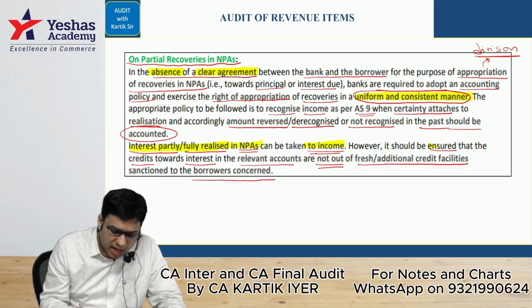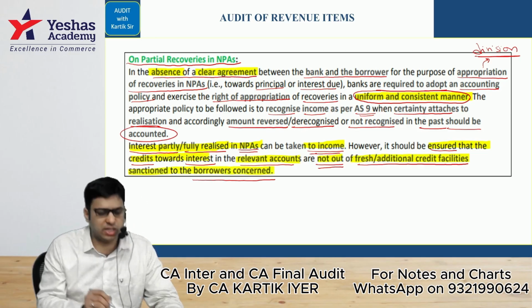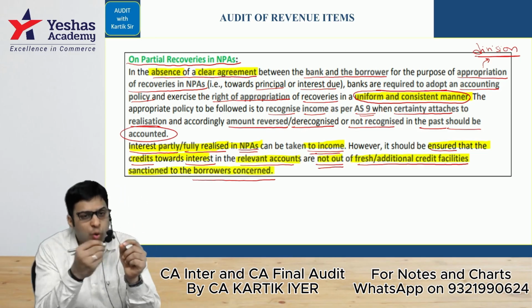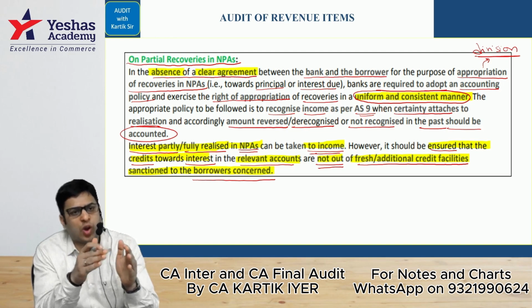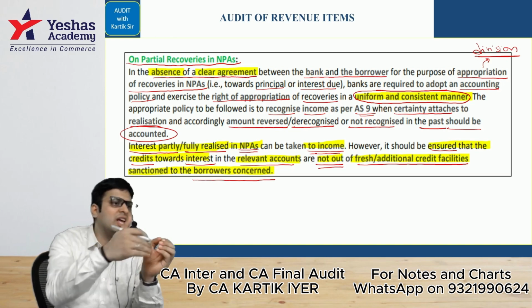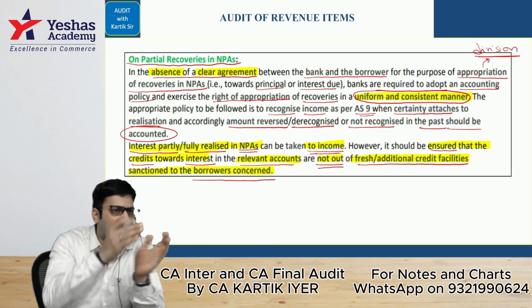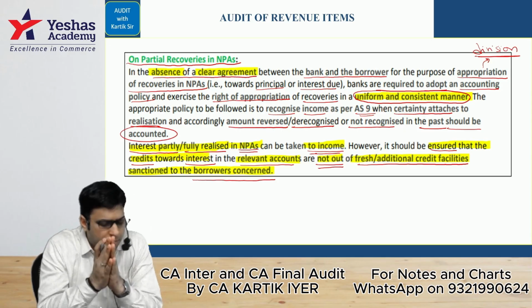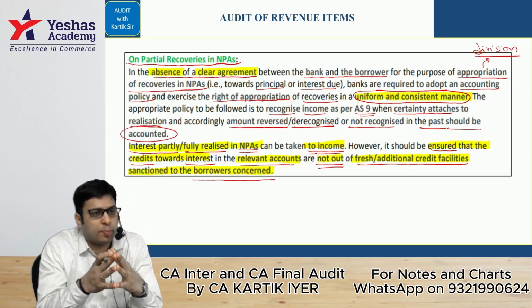However, it should be ensured that the credit towards interest in the relevant account is not out of fresh or additional credit facilities sanctioned to the borrowers concerned. So, new interest should be taken into account later. We should take the earlier interest into account first and cover that first. Okay, we had done this area. This was in relation to your partial recovery.